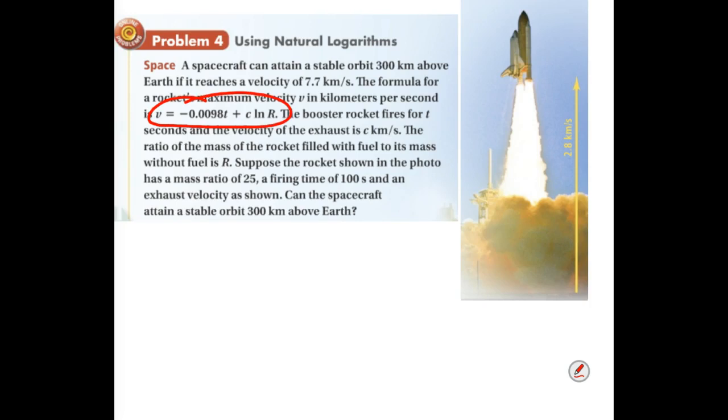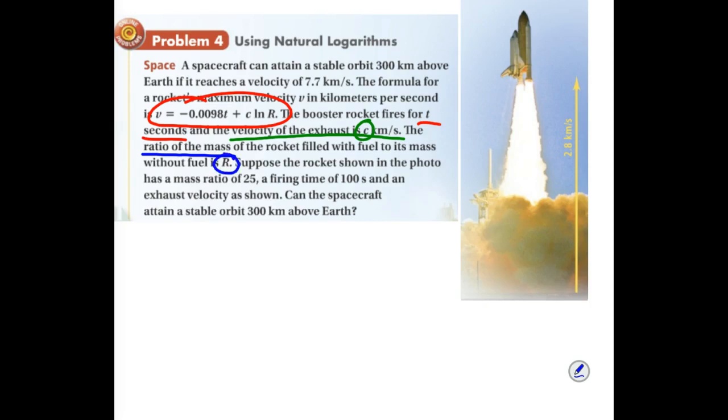It says the booster rocket fires for t seconds. So t is time, and the velocity of the exhaust is our c value in kilometers per second. It says the ratio of the mass of the rocket filled with fuel to its mass without fuel is r.